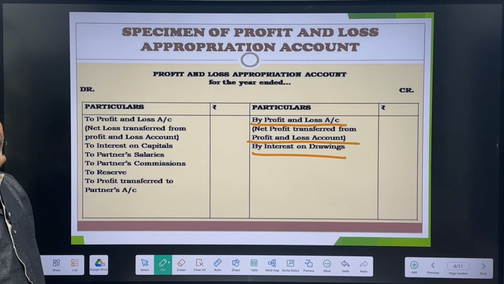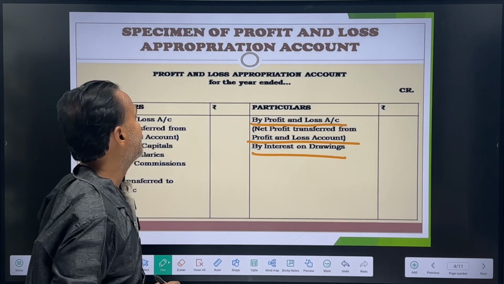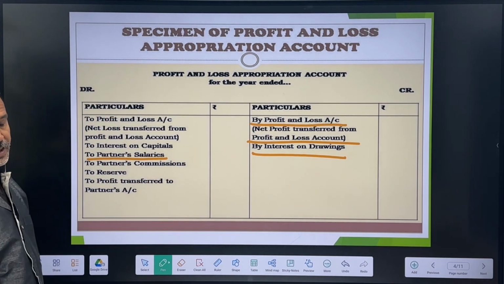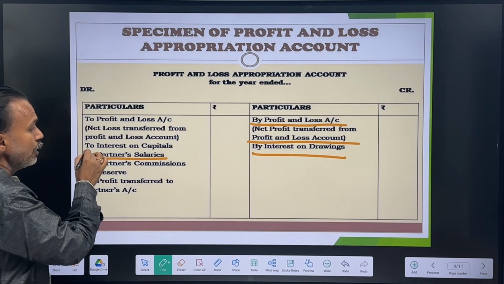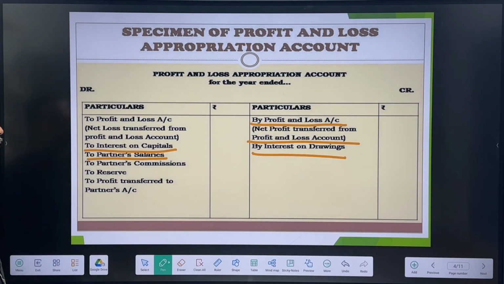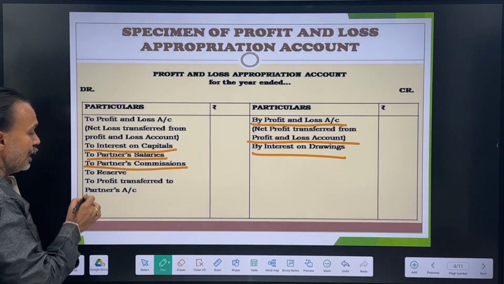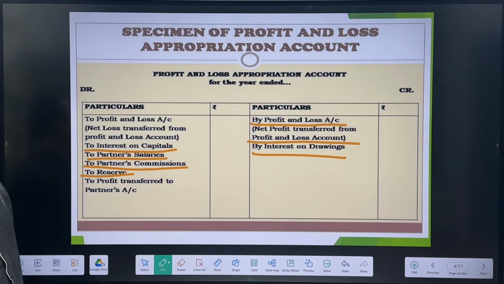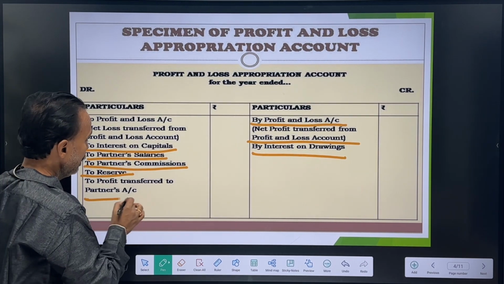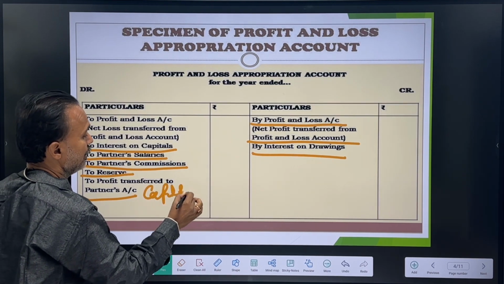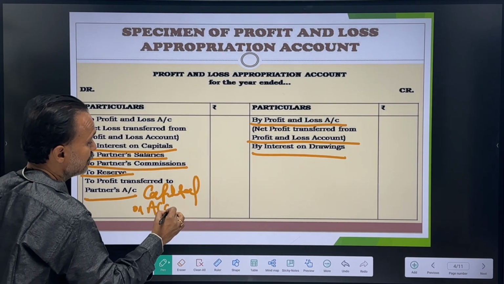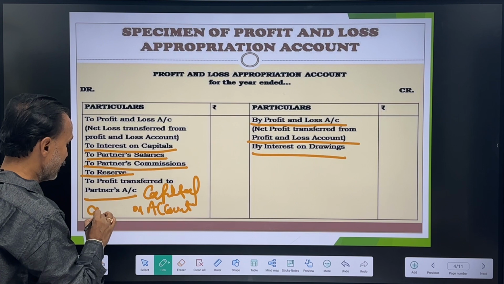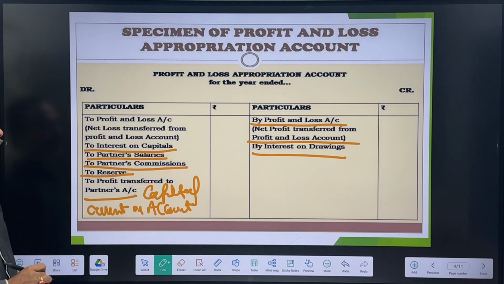And on the debit side, we show salary to partners, interest on capitals, partners' commission, transfer to reserve, and the balance of profit is transferred to partners' account, that is capital or current account.